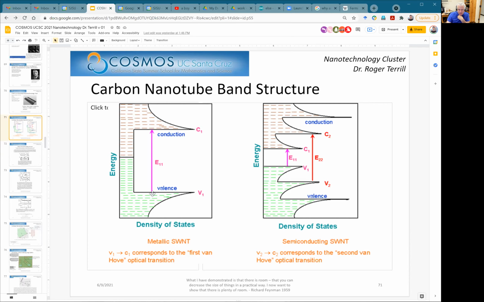Why, if these states are all occupied down here at V1, do they not contribute to conduction in that tube? So is it the valence ones that are fully occupied?